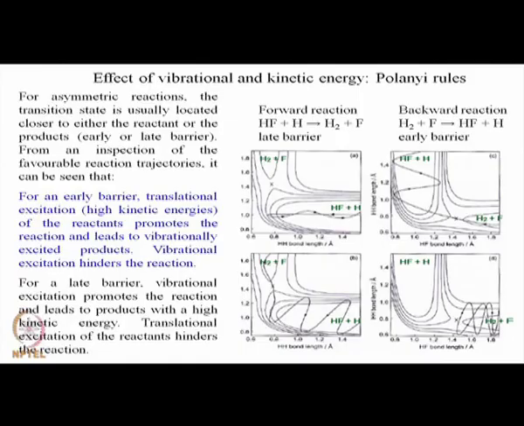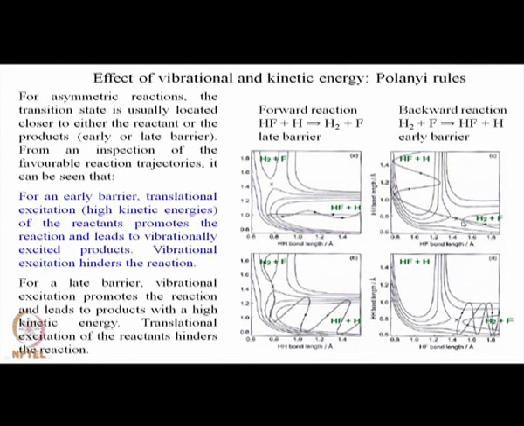Now, if we inspect carefully the favorable reaction trajectories, it can be said that for an early barrier, like this, see this barrier is early. This is the early barrier case.